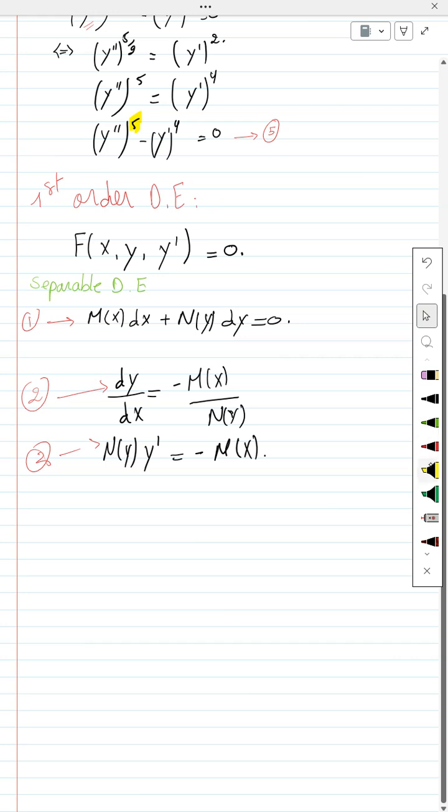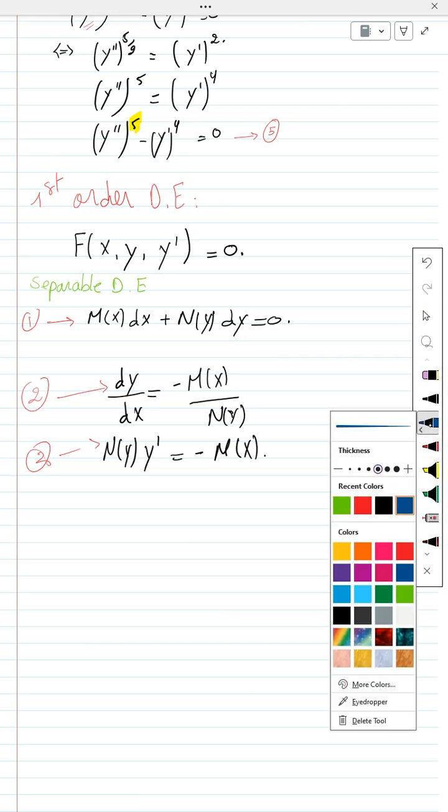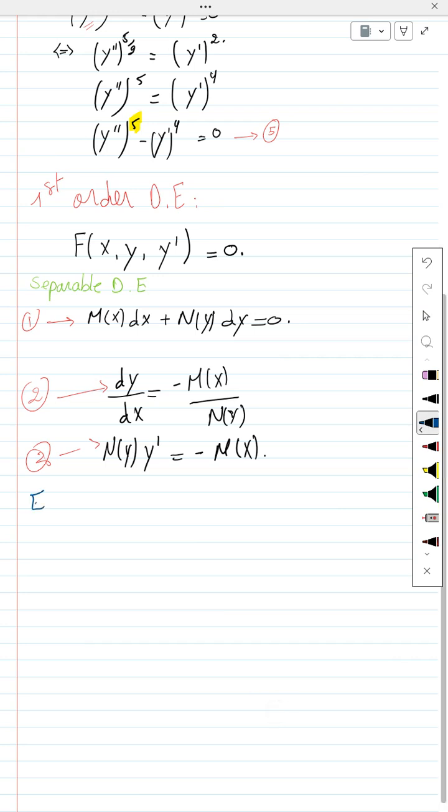To make things clear, we will give some simple examples to make sure that you have understood, and to be familiar with these exercises. In all these examples we will be solving separable differential equations.